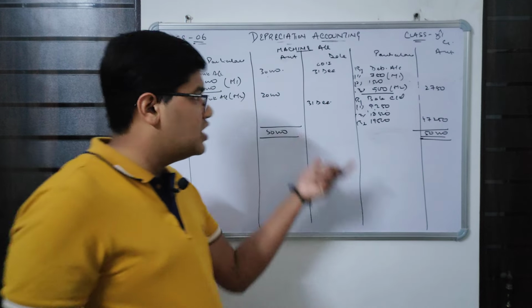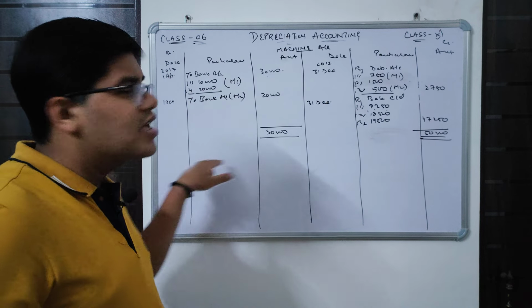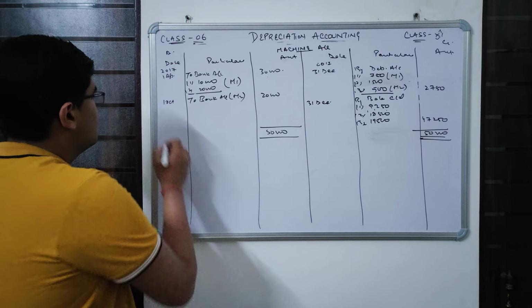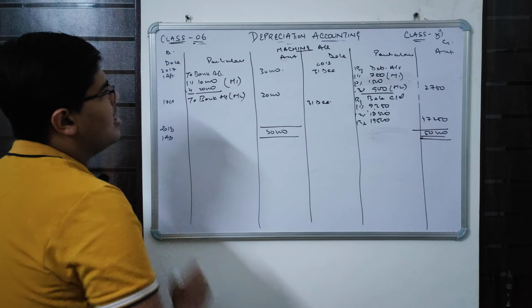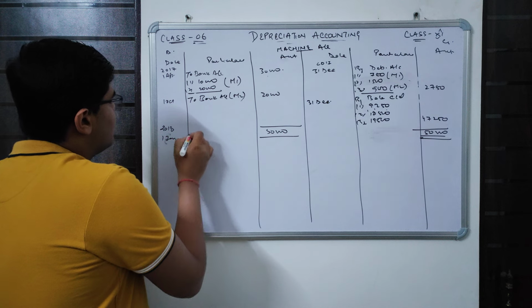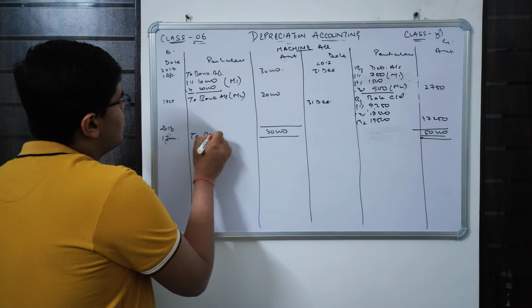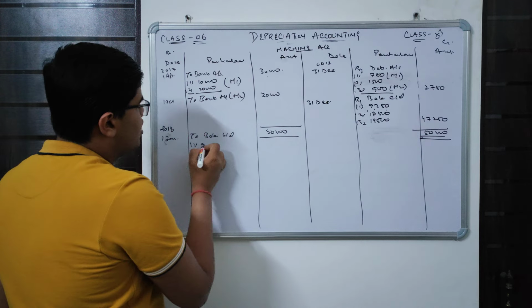Hope the first year is clear to you. Now this balance carried down will be brought down in the next year. So 2018, 1st of April, sorry, 1st of January, balance brought down. So the balance brought down will be 9,250.